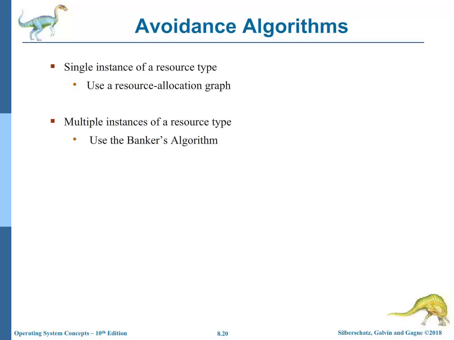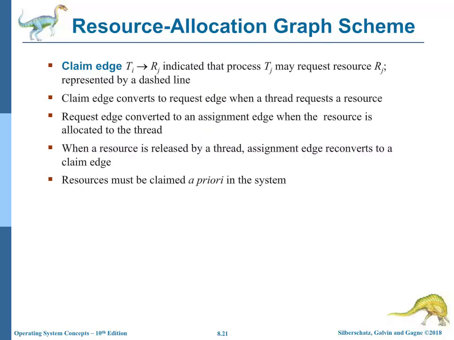If we have a resource allocation system with only one instance of each resource type, we can use a variant of resource allocation graph. For a resource allocation system with multiple instances of each resource type, we can use Banker's algorithm to avoid deadlock. In resource allocation graph, we introduce a new type of edge called claim edge.